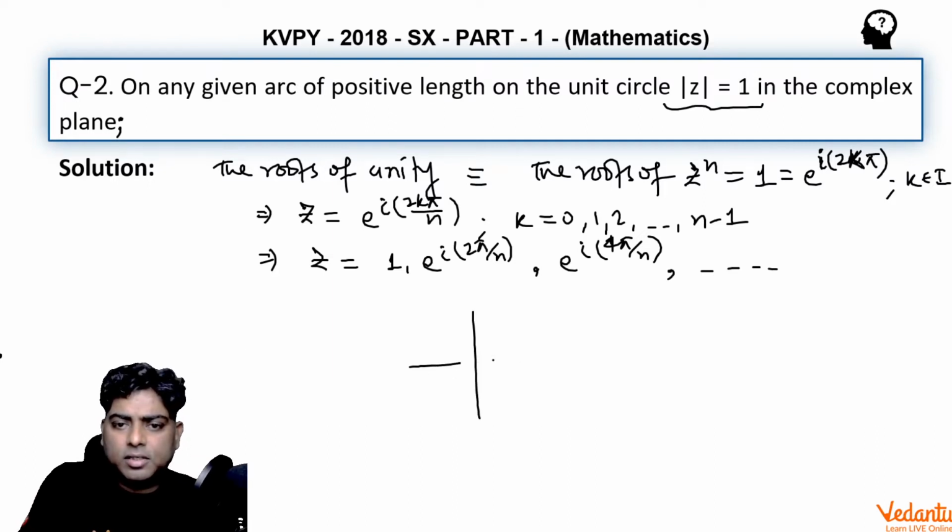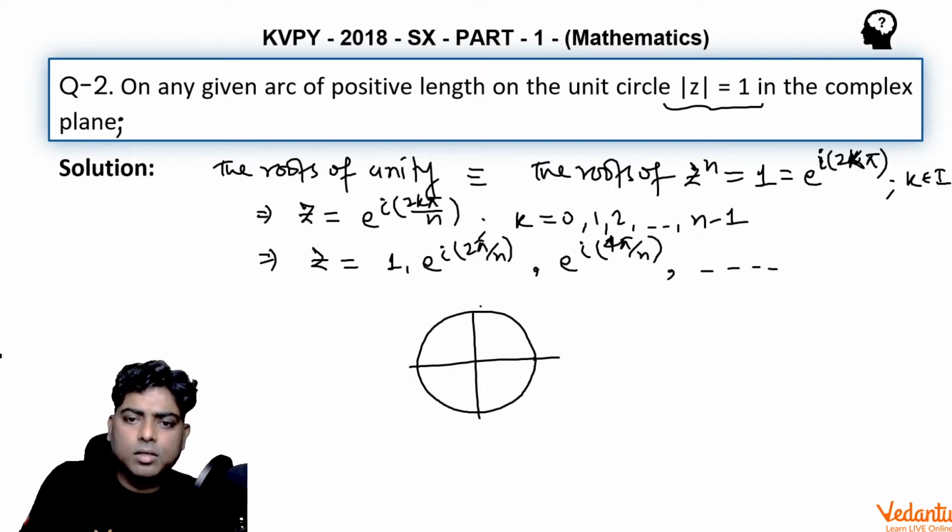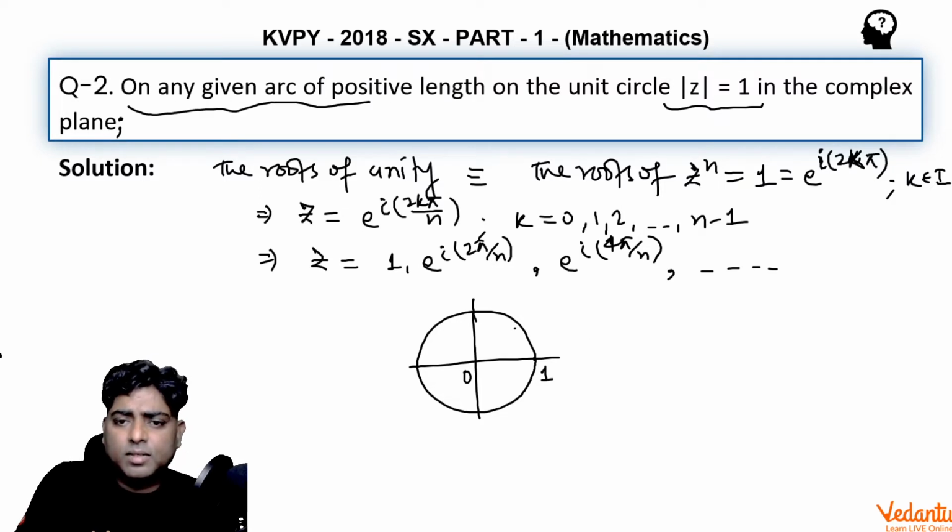I am plotting this circle, centered at the origin, radius 1. On this circle, on any given arc of positive length, suppose I take this arc here.